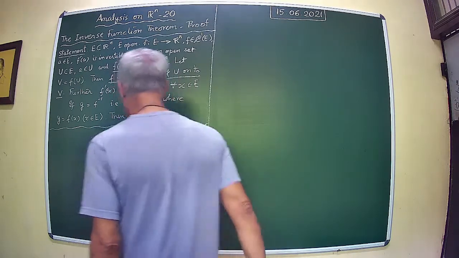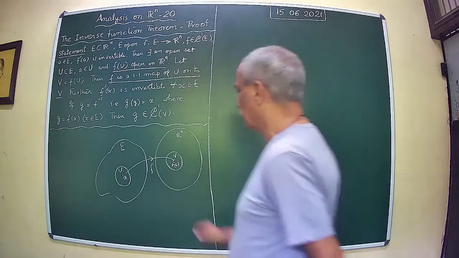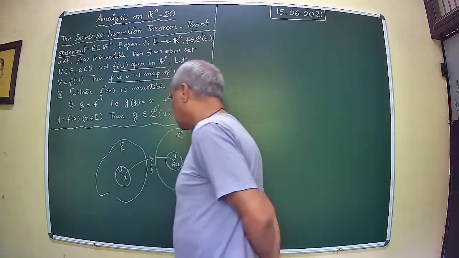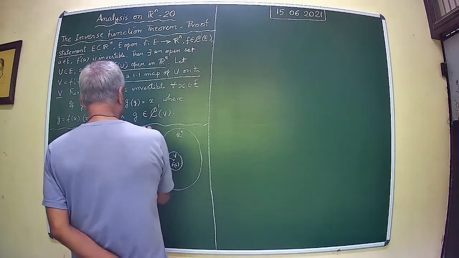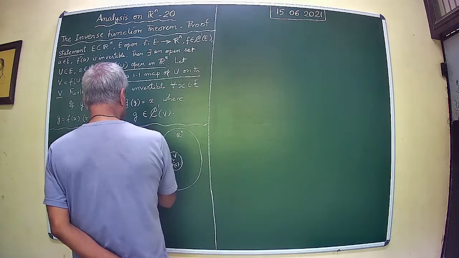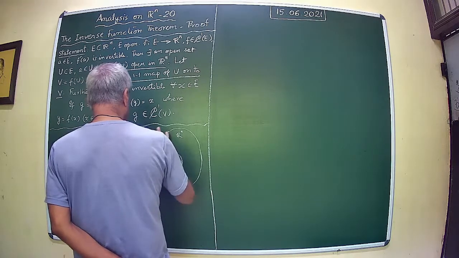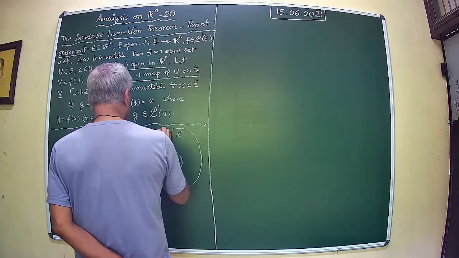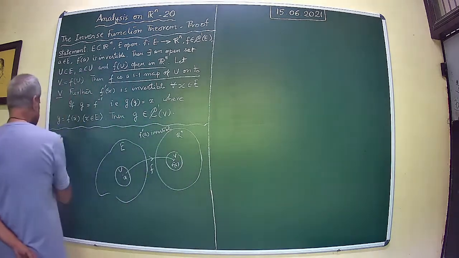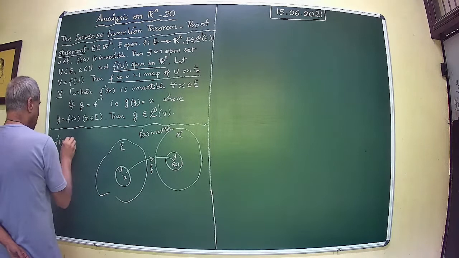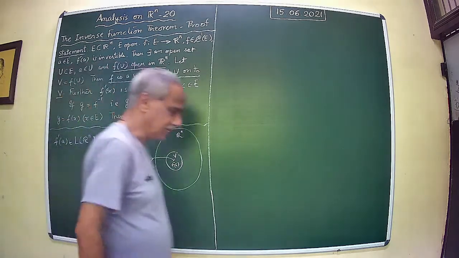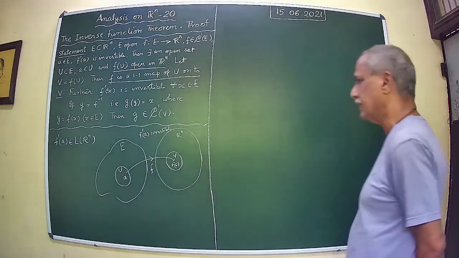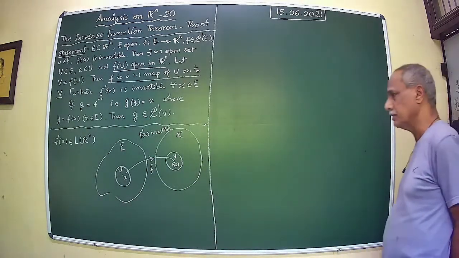There's a neighborhood V, and what we are asserting is that F is one-to-one onto, and the only assumption that we made is this: F dash a is invertible. Incidentally, you know that F dash a belongs to L(Rn). It's a linear transformation on Rn. We are assuming that this is an invertible linear transformation.